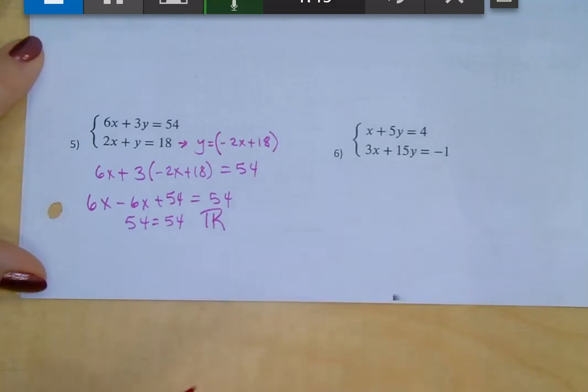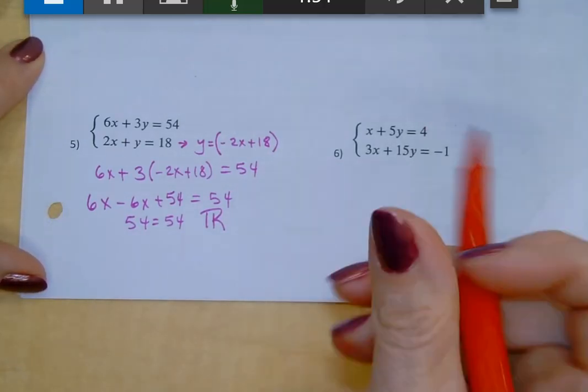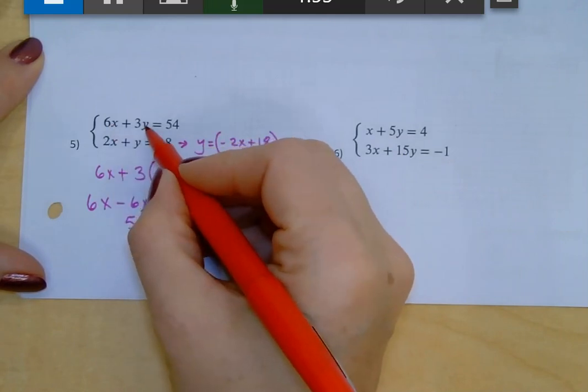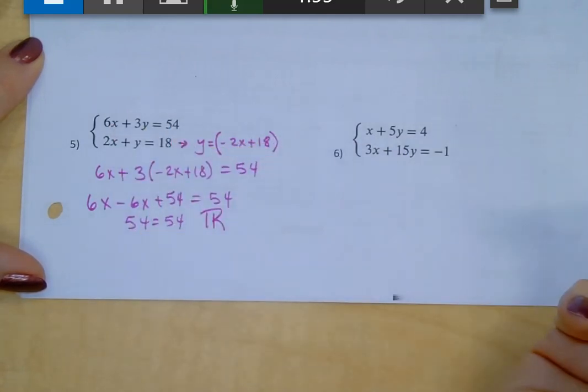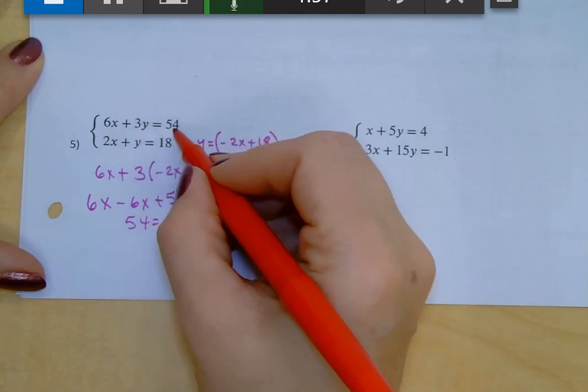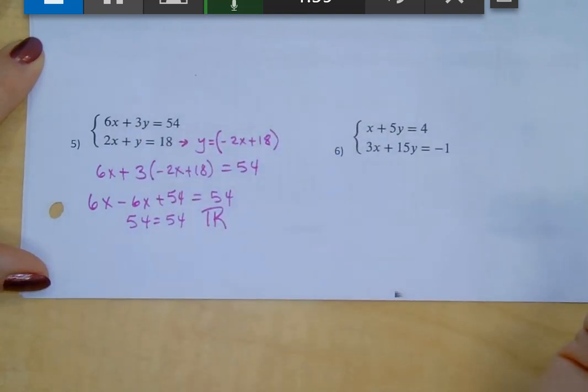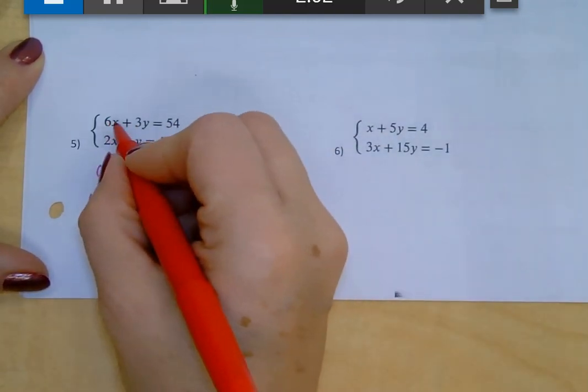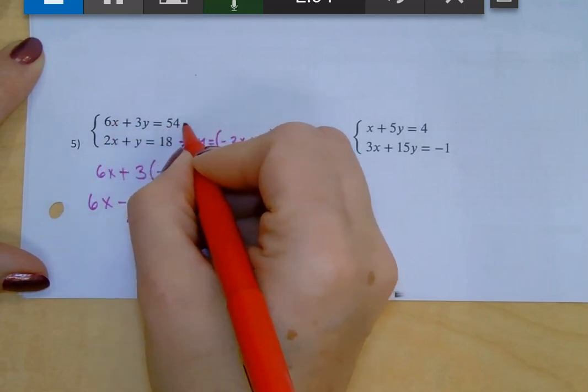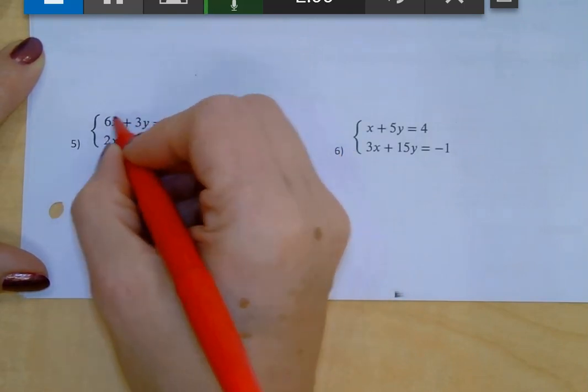So something else I noticed right when I was starting to do this problem, I noticed that I have 6x plus 3y equals 54. And I know 6 and 3 and 54, they're all divisible by 3. So if I had just wanted to simplify this upper equation, watch this. I'm going to divide every single term by 3.